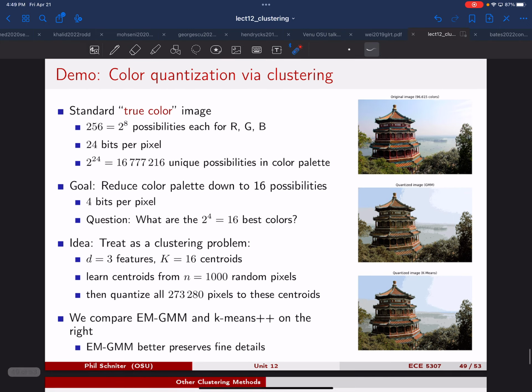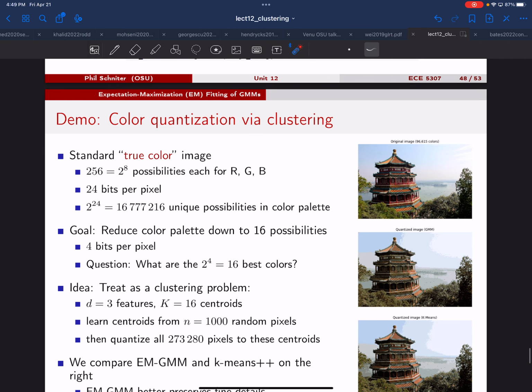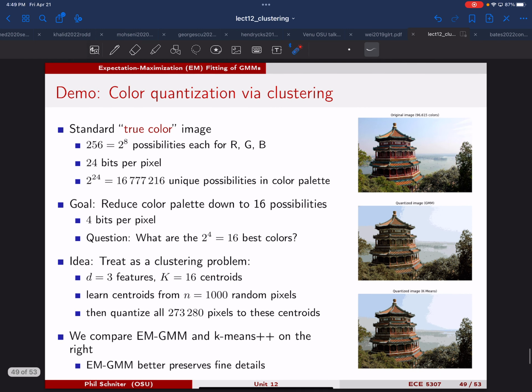Okay, so we have this kind of interesting demo. It's a neat demo because it's not something you might initially think you could use clustering for. We have a color image. Almost all color images use 8 bits for each of the red, green, and blue channels. So when you load this color image, you'll have 8-bit integer data: 8 bits for each color channel, or 24 bits total per pixel.